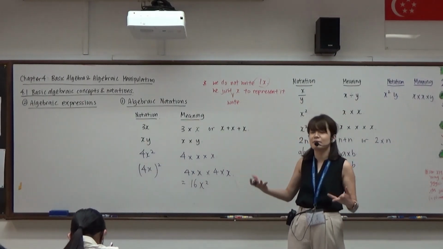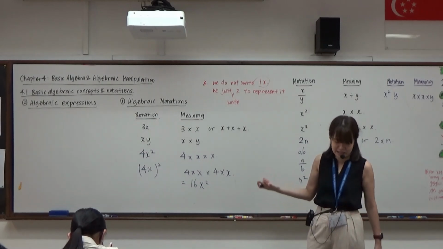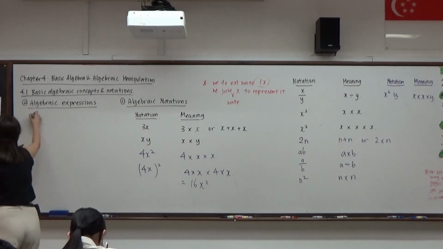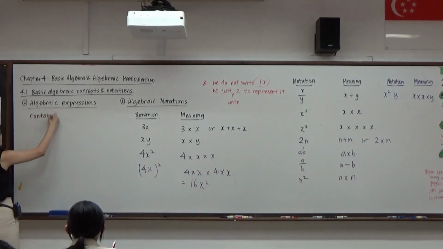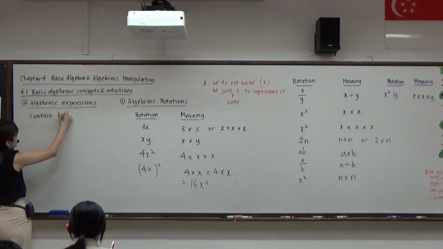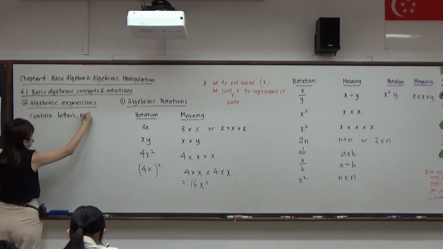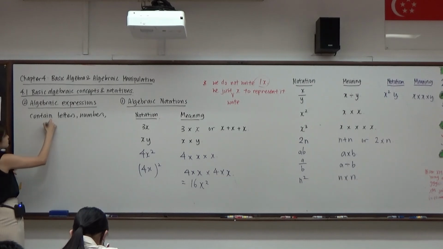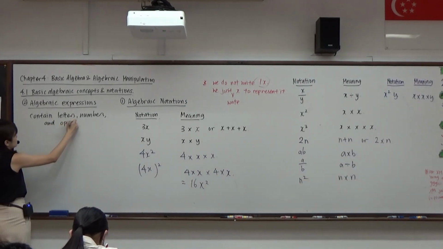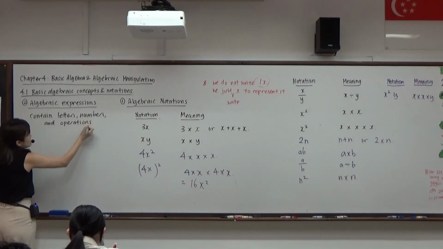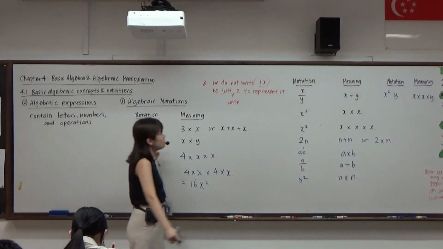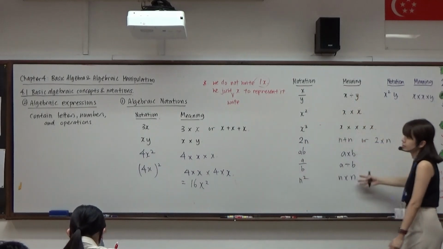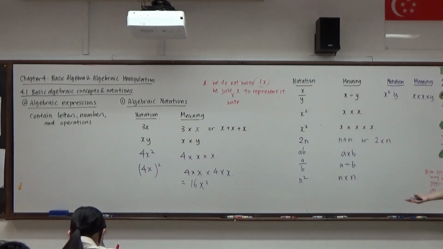They are just put into this thing called an algebraic expression. An algebraic expression generally contains letters, that means the alphabet, numbers, and sometimes operations. Whatever you see over here, all this notation, are what we call expressions. Even the meaning itself is what we call expression as well.